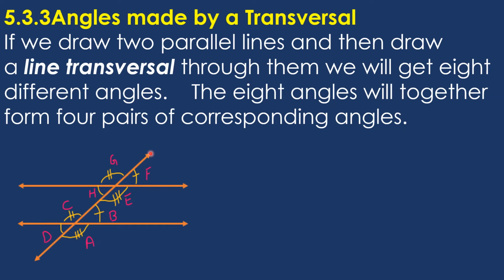Then we draw a transversal through them. How many angles are we getting? Totally 4 angles here and another 4 angles here, so 8 angles altogether, and these angles are different. The 8 angles will together form 4 pairs of corresponding angles.